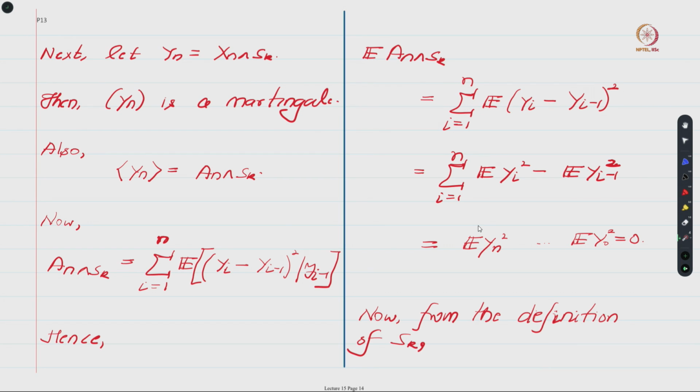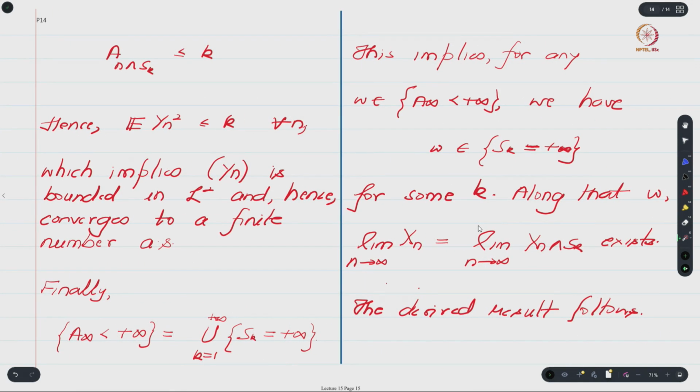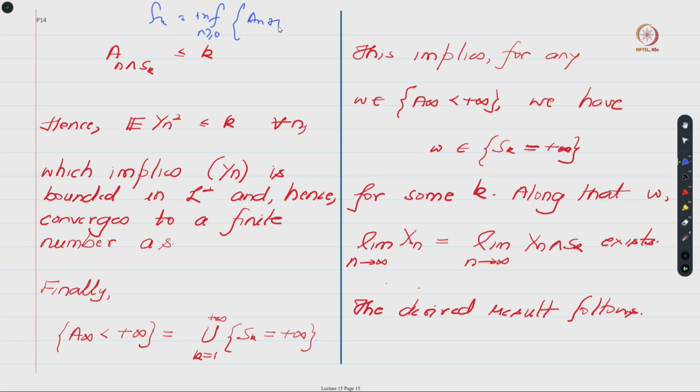Now from the definition of S_k, recall that S_k was the smallest time such that A_{n+1} is bigger than or equal to k. Notice that here you have n, and we are taking n min S_k, and S_k is defined in terms of A_{n+1}.